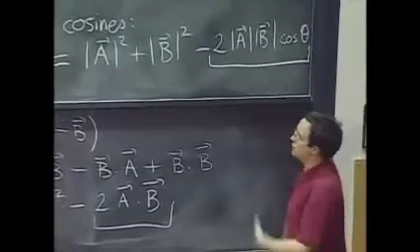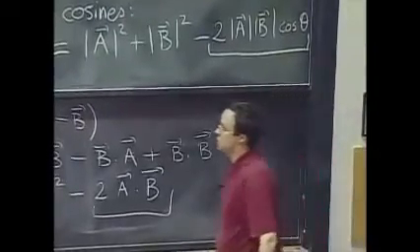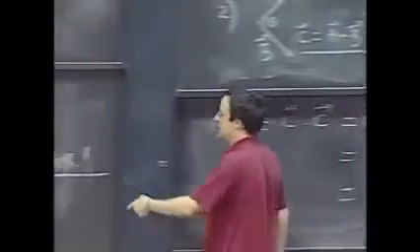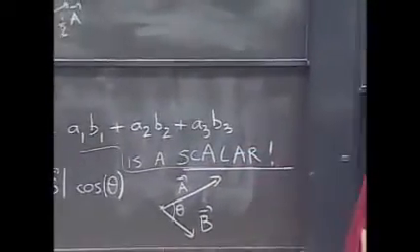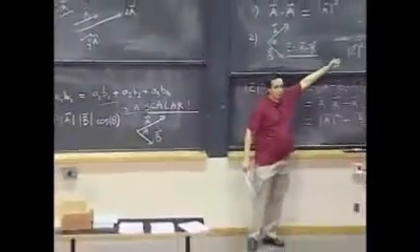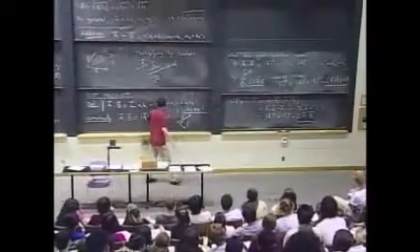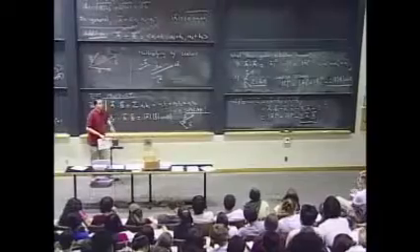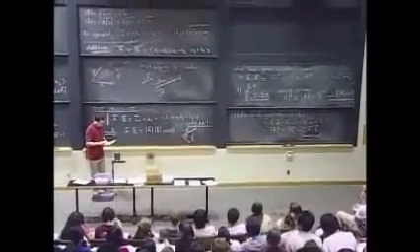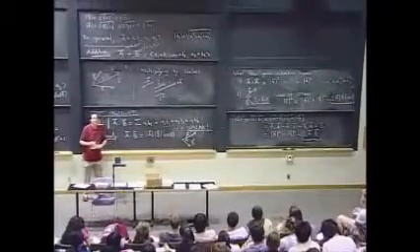Or vice versa, if you've never seen the law of cosines, but you're willing to believe this, then this is the proof of the law of cosines. Okay, so the law of cosines or this interpretation are equivalent to each other. Okay, any questions?